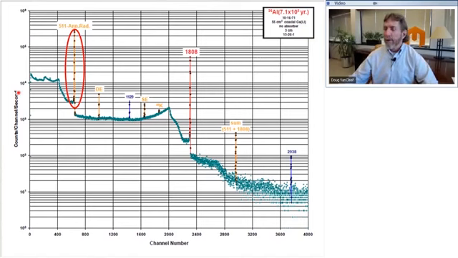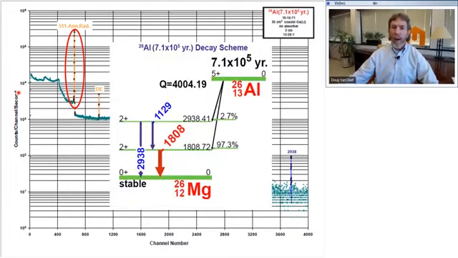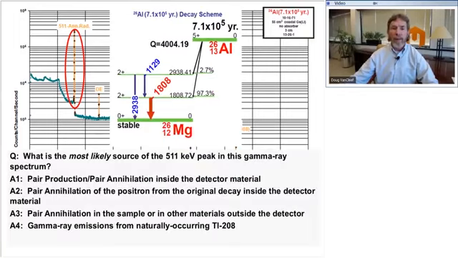You'll have to grade yourself on this quiz because I don't have individual statistics on who answered what. First, note that aluminum-26 decays by positron emission and it has high energy gammas. If you said that the 511 keV peak comes from pair annihilation in the detector, I'm sorry to say you failed the quiz.